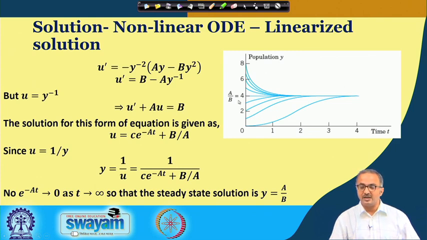You can see that we choose different values of a by b, and over the period of time, we find that they show different types of variations. Some of them are decaying and some of them are showing growth. But ultimately, whether it is decaying or growing, all of them tend to converge to the value a by b.